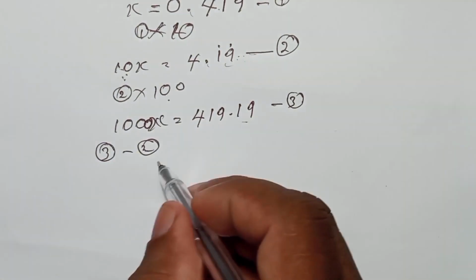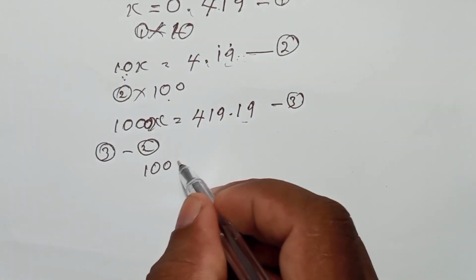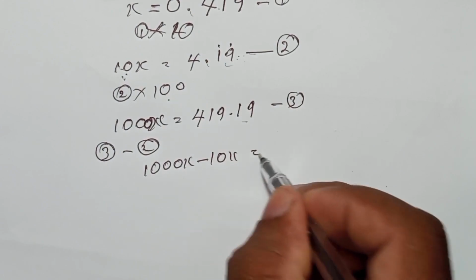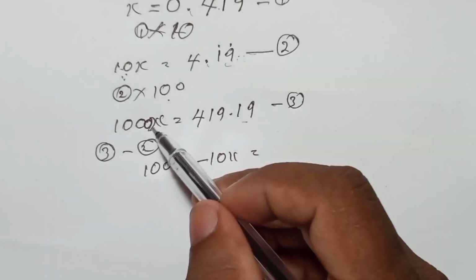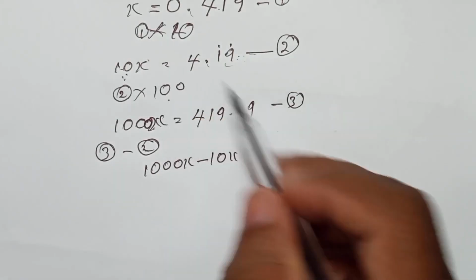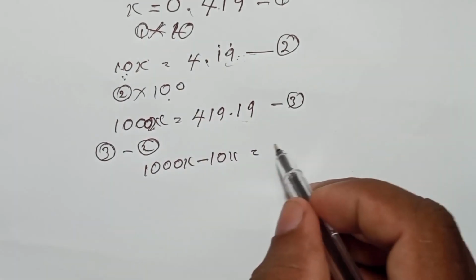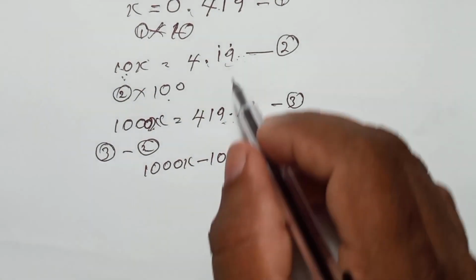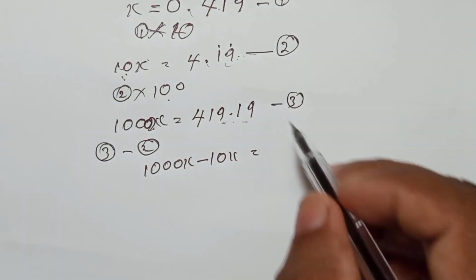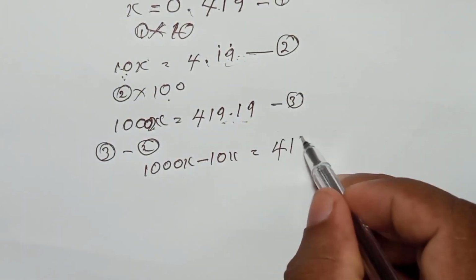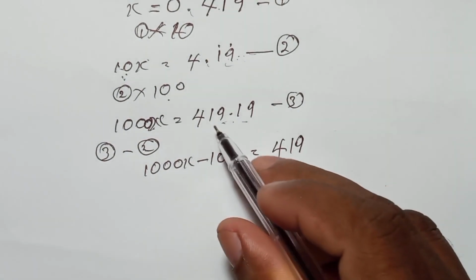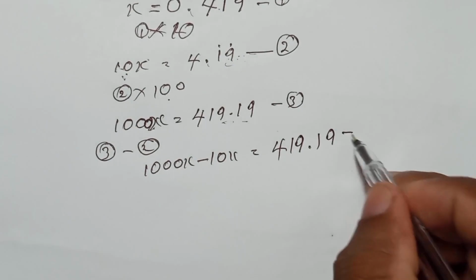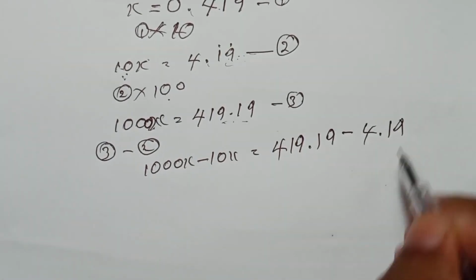So 1000x subtract 10x, from the left side subtract the left side, and in the same way from the right side of the third equation subtract the right side of the second equation. That means 419.19 subtract 4.19, right?